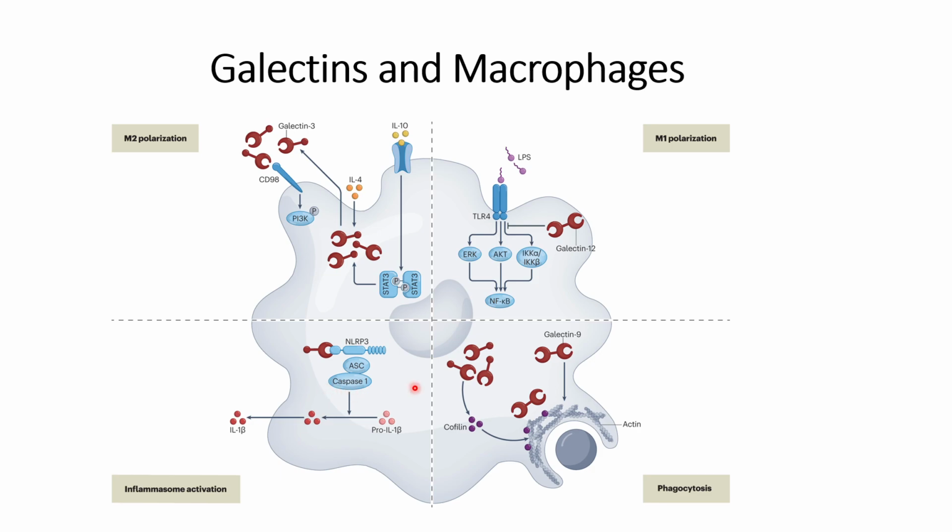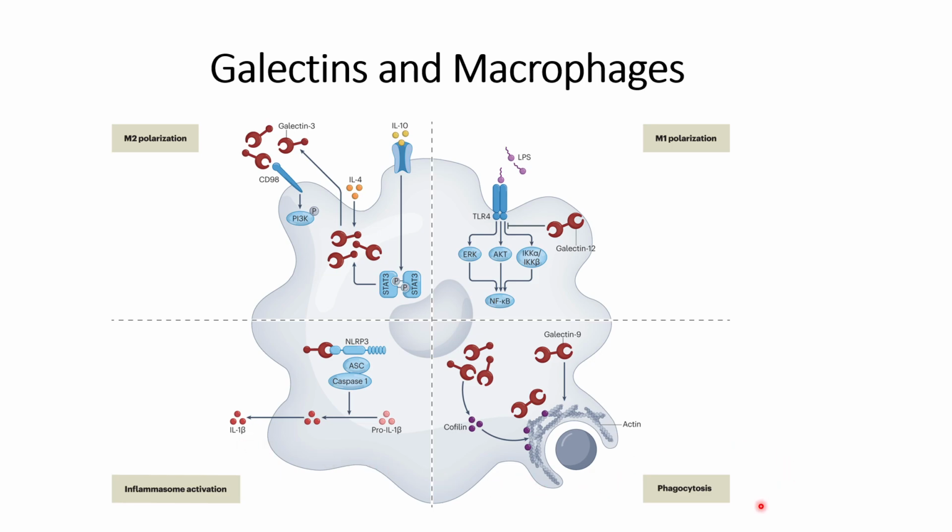This complex triggers interleukin 1 beta cytokine formation by activating pro interleukin 1 beta, and interleukin 1 beta in turn triggers inflammasome activation. So this is how galectin 12 helps in inflammasome activation via interleukin 1 beta.